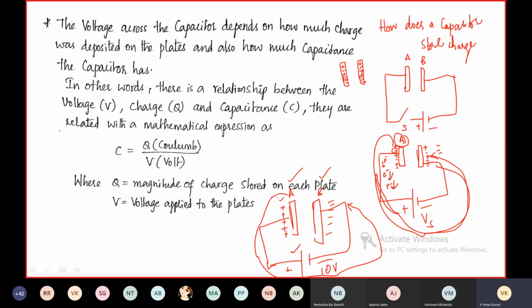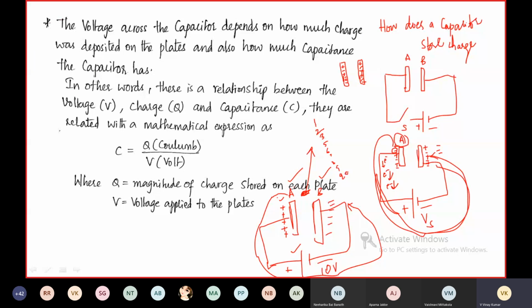Plate A becomes more positively charged, whereas plate B becomes more negatively charged, so the voltage across the capacitor slowly increases: initially 1 volt, 2, 3, 5, 6, 7, 8, 9, 9.9.